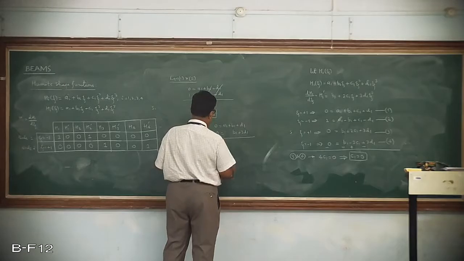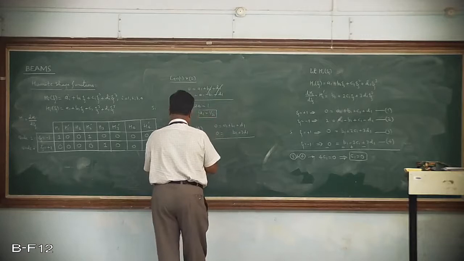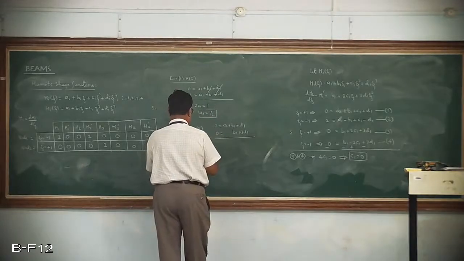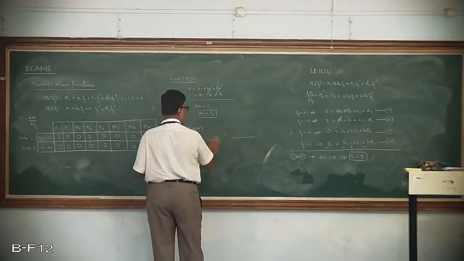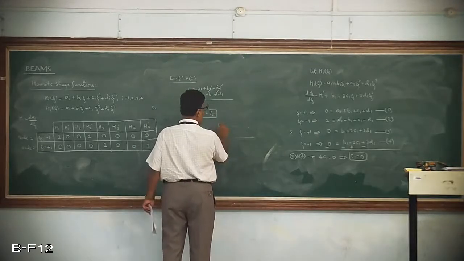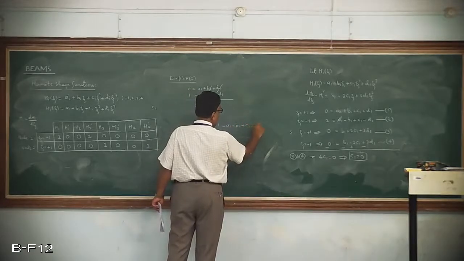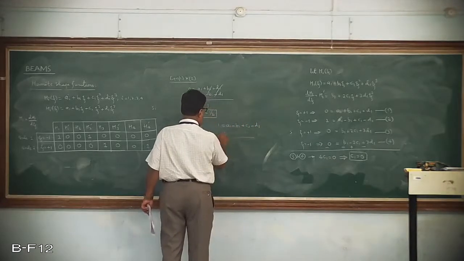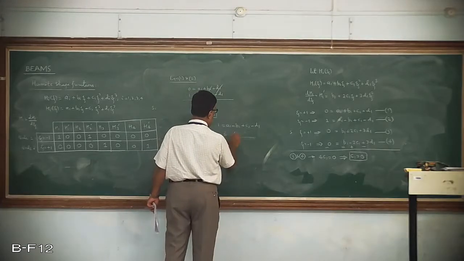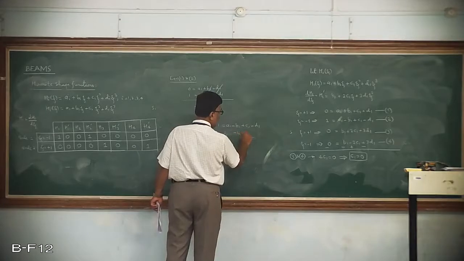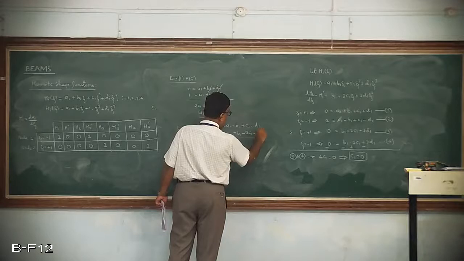I think we can take 2 and 4 instead of 1 and 2. That will be better. 1 equal to A1 minus B1 minus D1, and 0 equal to B1 plus 3D1.